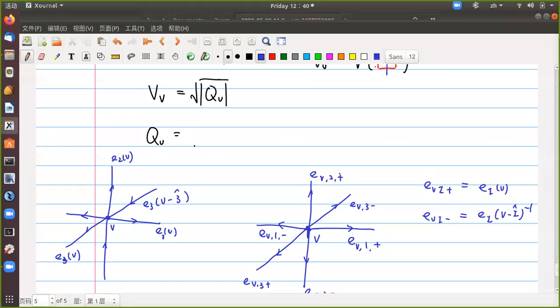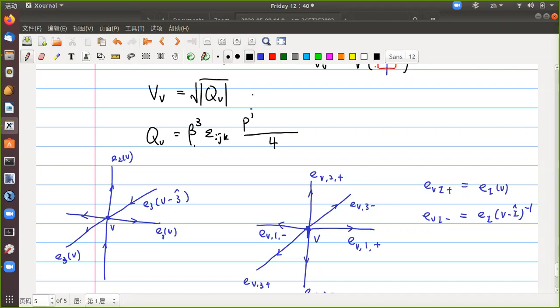Okay, so this Q is written as follows. There are 3 factors of flux, but this flux is not a single flux.